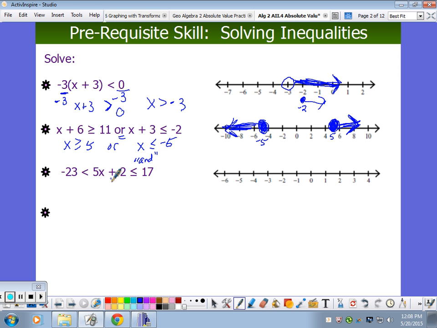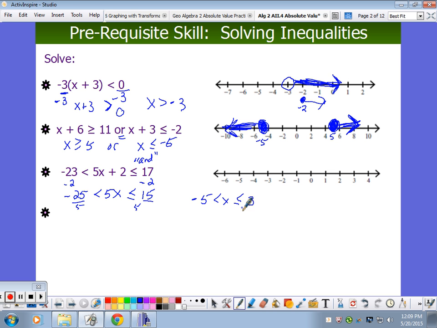So if I'm going to subtract 2 from this one, I'm also going to subtract 2 from that one. So that becomes -25. Then 5x now, because we subtracted away that 2. And then when I divide by 5, I'm going to divide them both by the 5. So I have -5 less than x less than or equal to 3.